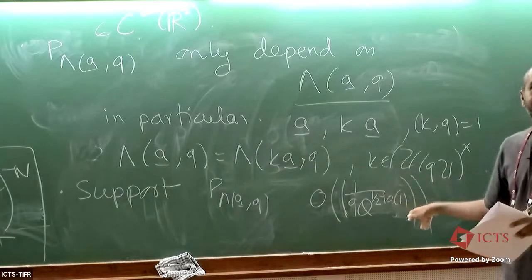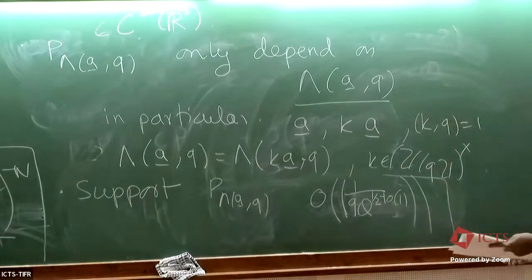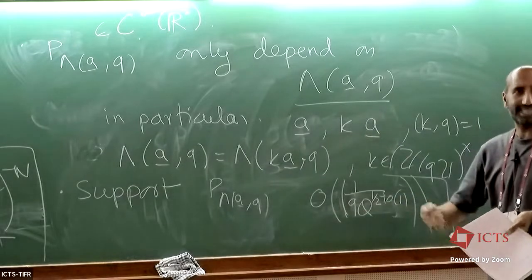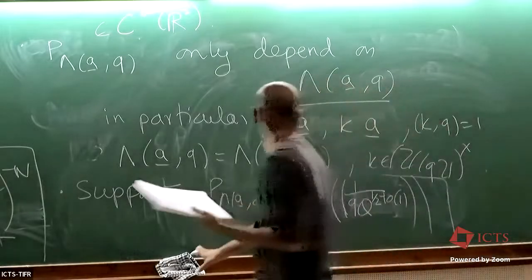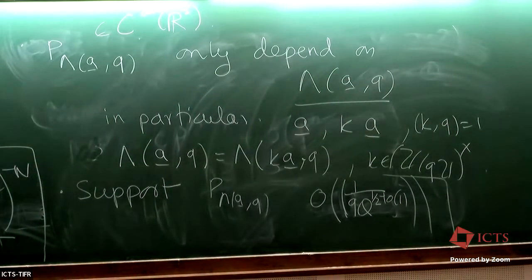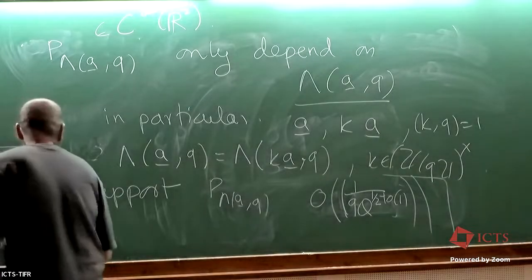Can you guys see it in the back? Or is it a bit small? But this is what you should expect from Dirichlet's approximation theorem. So you have your functions which are supported in a box of size 1 over big Q to the half.